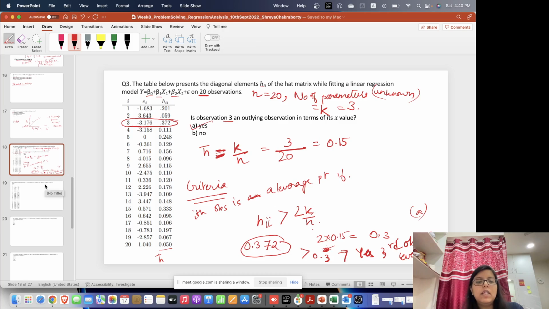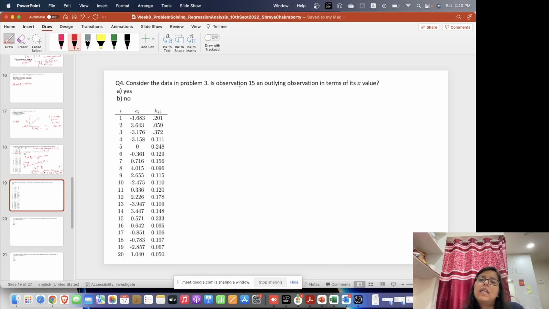Similarly, here they are asking if the 15th observation is an outlying observation. Same thing: h bar equal to k by n, that is 3 by 20 equal to 0.15, and h15 is which one? This one.